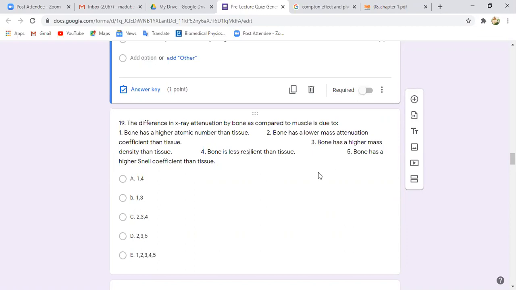Another statement, that bone has a higher scattering coefficient than tissue, is also very wrong. Since we don't have 5 among the options, it makes the work easier.